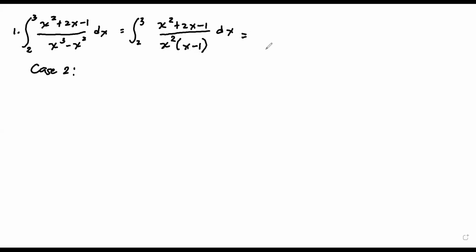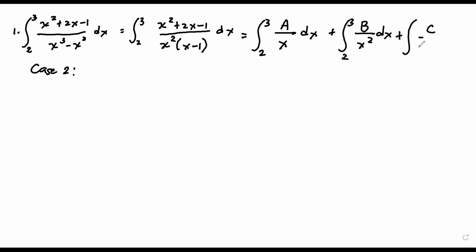So for case 2, we will have the integral of A over x dx from 2 to 3, plus the integral of B over x squared dx from 2 to 3, plus the integral of C over x minus 1 dx from 2 to 3.